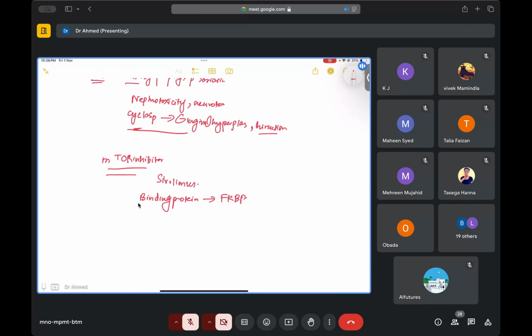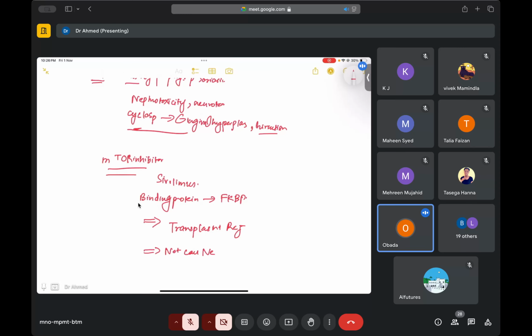It is also used in transplant rejection. But what's the best part of it? It does not cause nephrotoxicity.